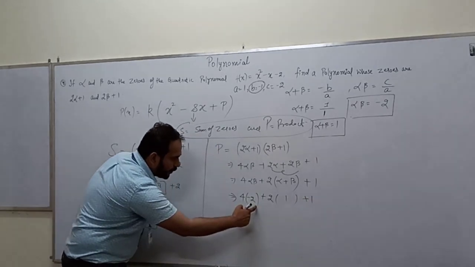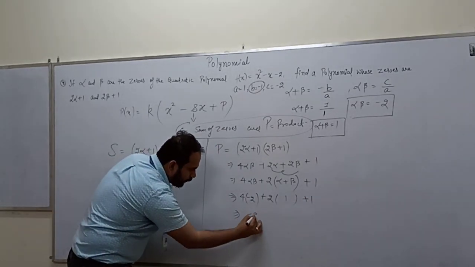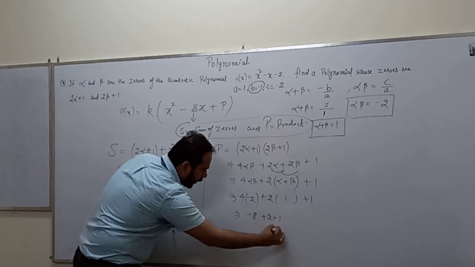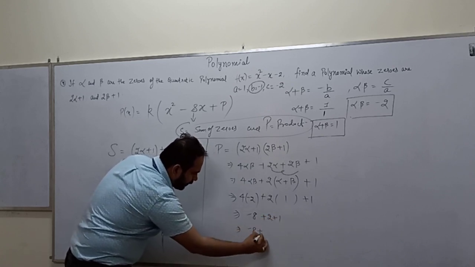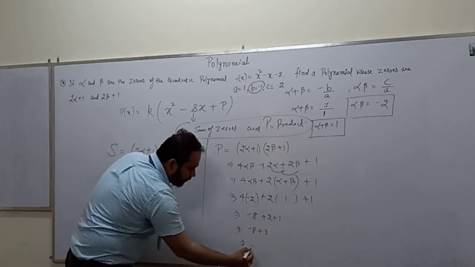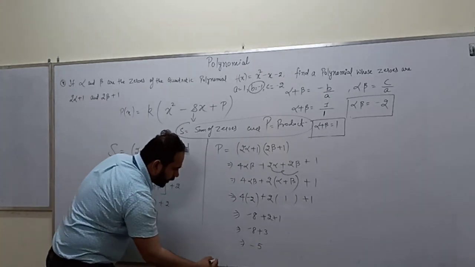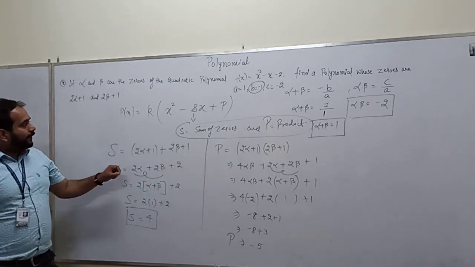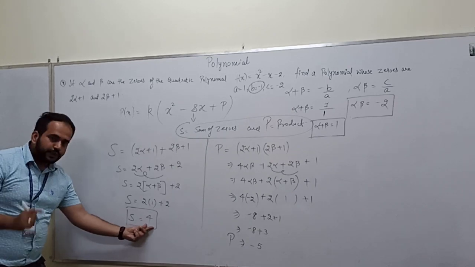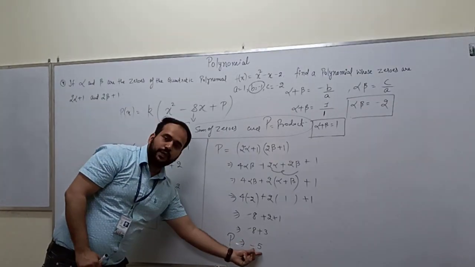That means 4 into 2 is 8, but minus 8, plus 2, plus 1, which is minus 8 plus 3, equal to minus 5. Good. So we have found that the sum of the zeros is 4 and the product of the zeros is minus 5.